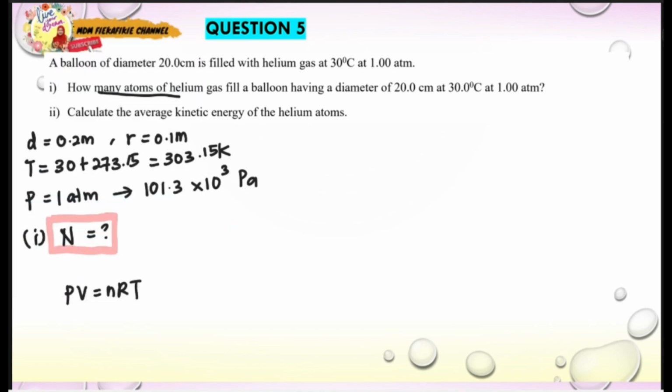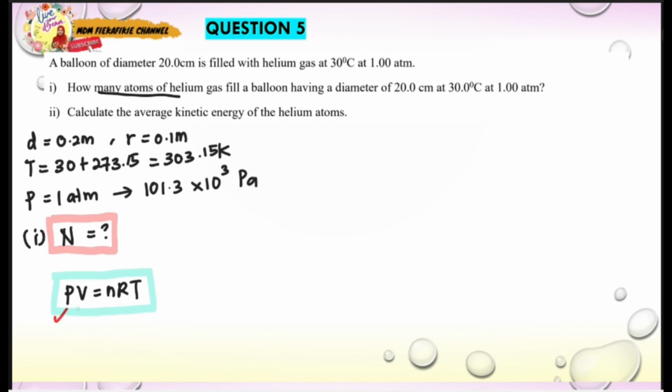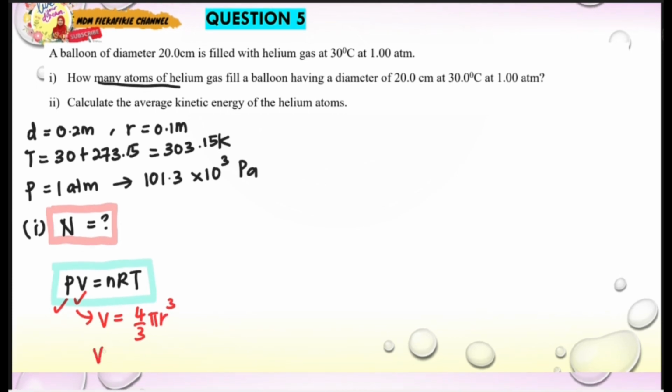Okay. So, daripada sini, sebenarnya kita P kita dah ada. V kita boleh kira lah, where volume for the balloon dia adalah 4/3 pi R cube. Masuklah R kita dah ada 0.1 meter. So, bila kita substitute, kita akan dapat 4.19 exponent negative 3 meter cube.